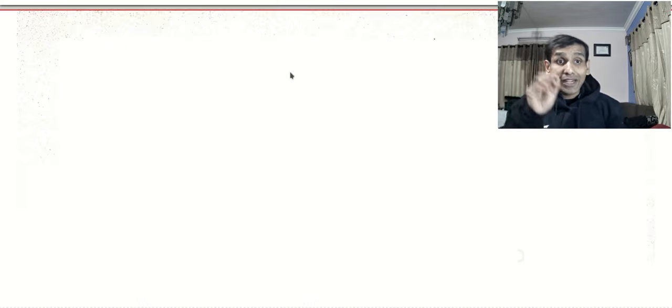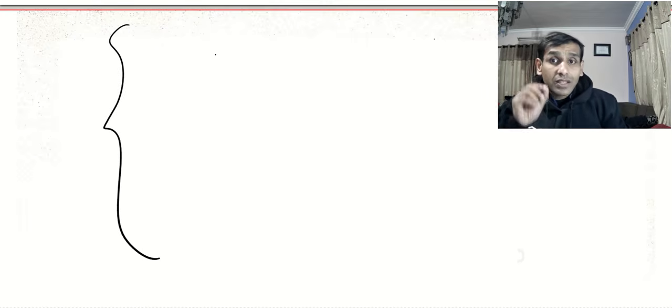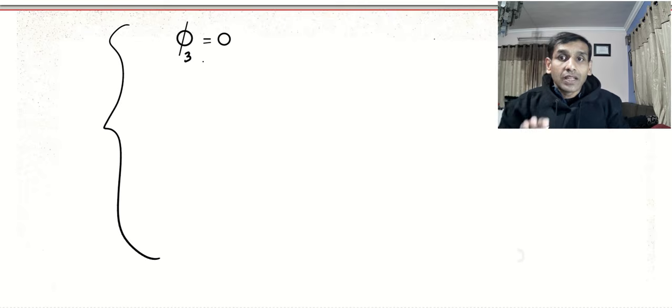Okay, now bad news, but I'll make it simple for you. You're going to mug up a few formulae. The first equation that you're going to learn by heart is phi 3 is equal to 0. And there's an easy way to remember this. The question had degree 3. That is why I wrote phi 3 equal to 0.